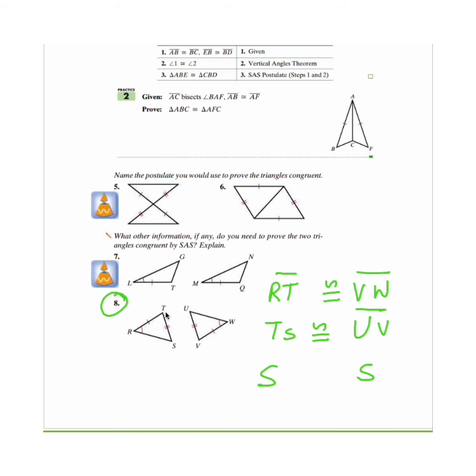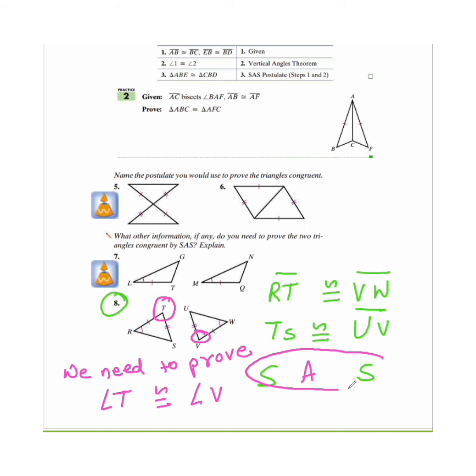So I need to prove the angles between the two sides as congruent. So what do we need? We need to prove angle T is congruent to angle V if we want to prove the congruency using SAS postulate.